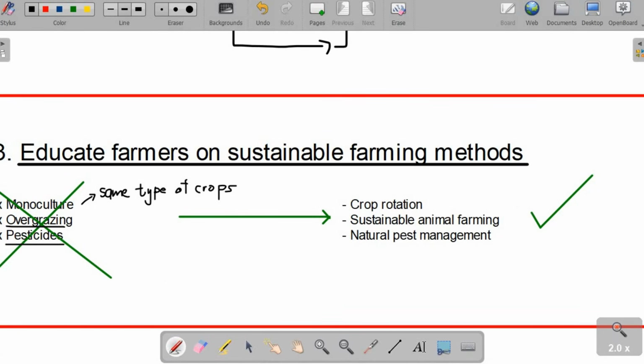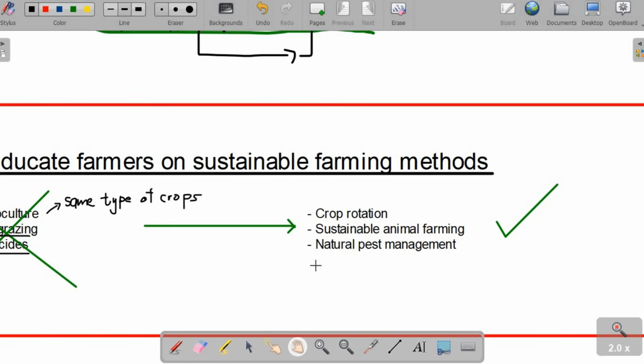Instead of all of these poor farming methods, we can practice crop rotation, whereby you are planting a different type of crop at a particular season. You do not plant the same type of crop, you rotate the crop so that your soil can be healthy.